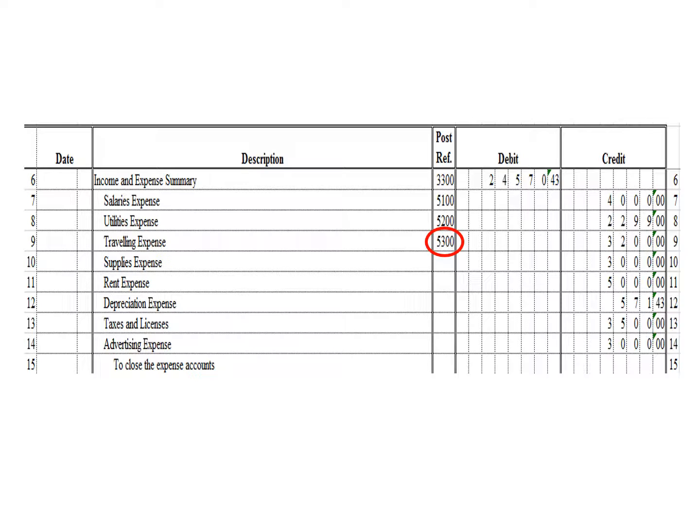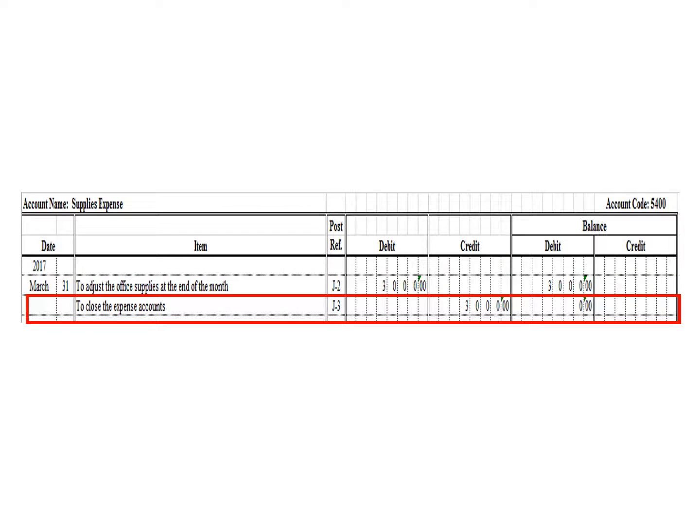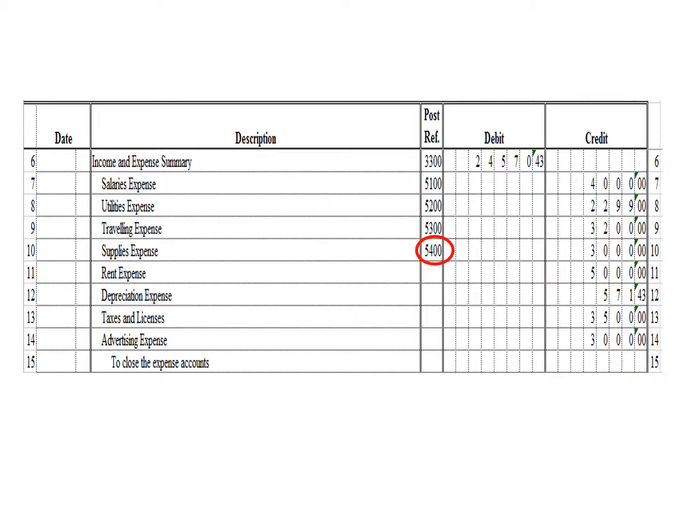Okay, let us post the credit to supplies expense. In the supplies expense ledger, write the description to close the expense accounts. Write the posting reference J3. Under the credit column, write the amount 3,000 pesos. In the balance section under the debit column, write 0. After posting the credit entry to supplies expense, write the posting reference 5400, the account code for supplies expense.